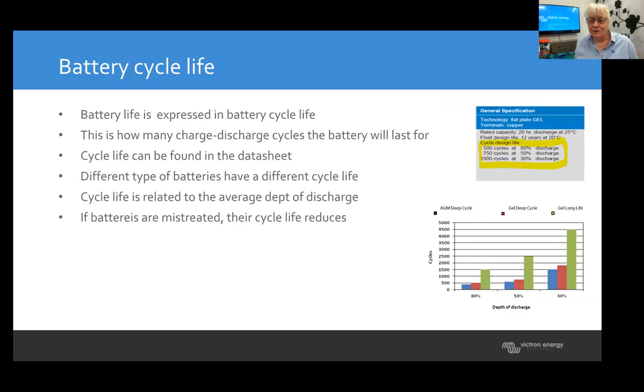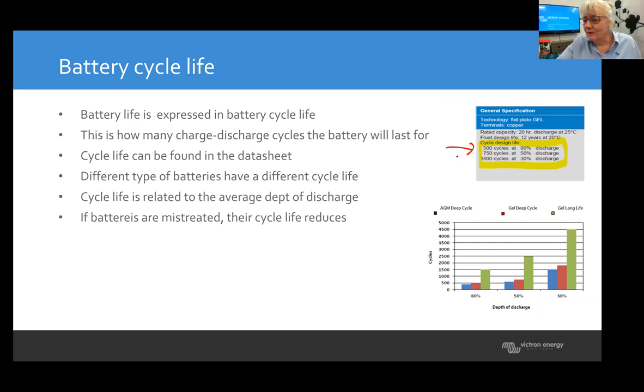So batteries don't last forever. They are consumable, so they wear out if you use them. And that's indicated in battery spec sheets and data sheets by its cycle life. So if you look in the battery data sheet, you'll see, for instance, I've got a screenshot of ours. It says here, if you discharge your battery 80% each time you use it, so 20% left, you only get 500 cycles out of a battery.